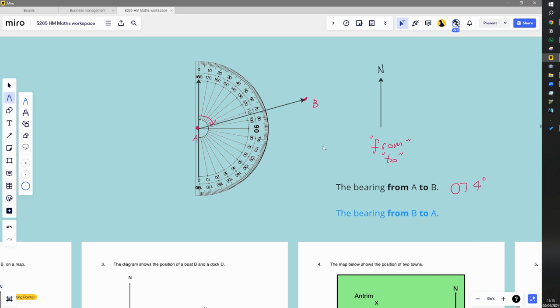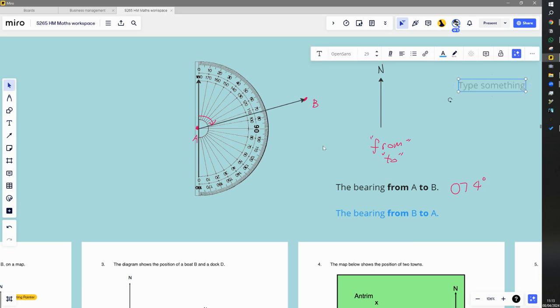So let's just summarise those key points for measuring bearings.